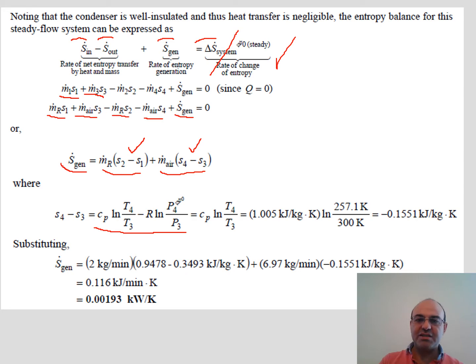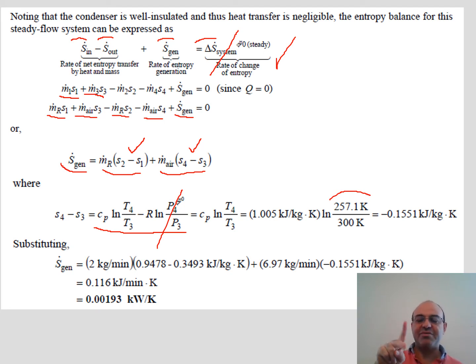So for this process, for the air, we assume that the pressure doesn't change. So this term is 0, however, the temperature changes. So T4 over T3, we already have T4. So we plug in the numbers, make sure that the numbers are in Kelvin, not in centigrade. Whenever you have a ratio, the temperatures should be absolute temperatures.